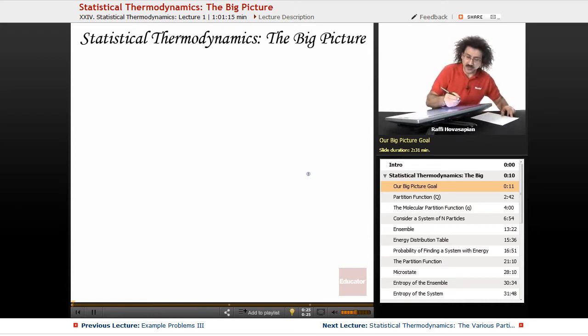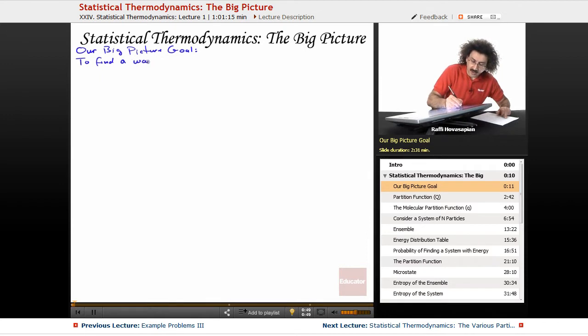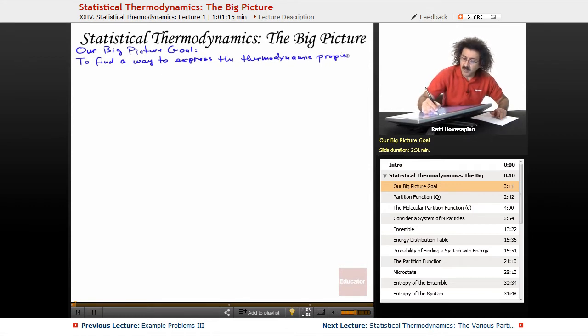So our big picture goal is to find a way to express the thermodynamic properties of a bulk system.